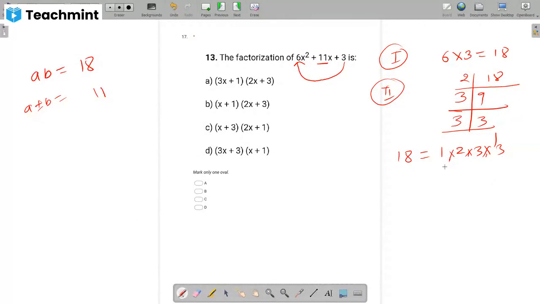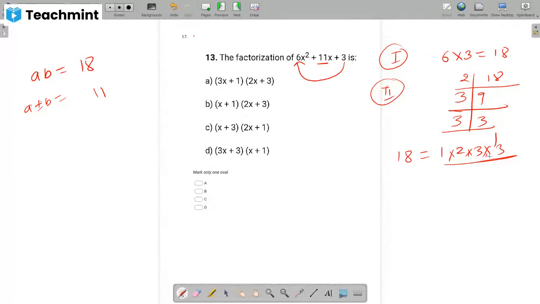Out of these we have to select two numbers. We cannot leave one number, because then you won't get product 18.